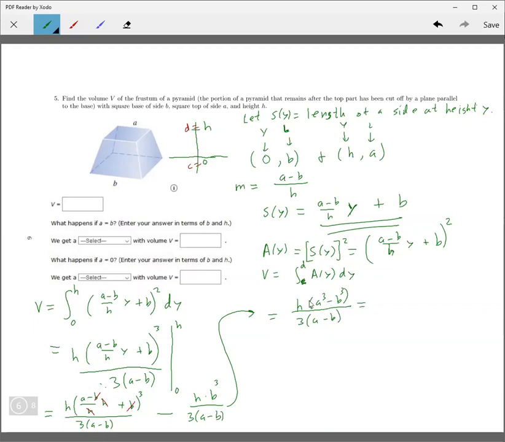Okay, now, let's see, you can factor that. So a cubed minus b cubed is a minus b times a squared plus ab plus b squared. And all right, those guys cancel. Okay, and so then in the end, you have h times a squared plus ab plus b squared all over 3.